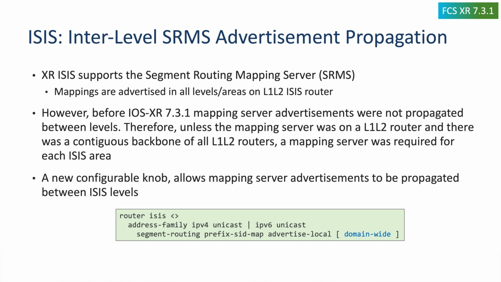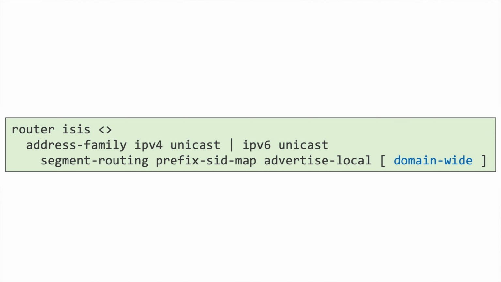With IOS XR 7.3.1, you will be exposed to a new configurable knob. In this case, we can see it here in blue. The knob called domain-wide under your segment routing prefix-sid-map configuration will allow this SRMS to instruct all of these L1, L2 routers to propagate the SRMS advertisements from one level to another.